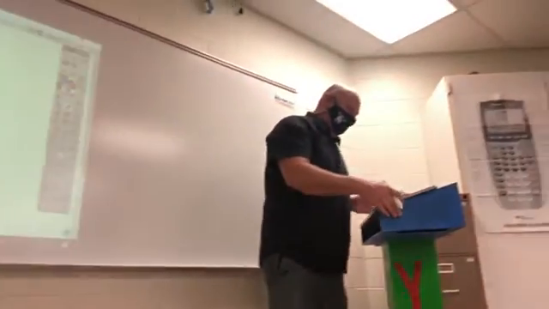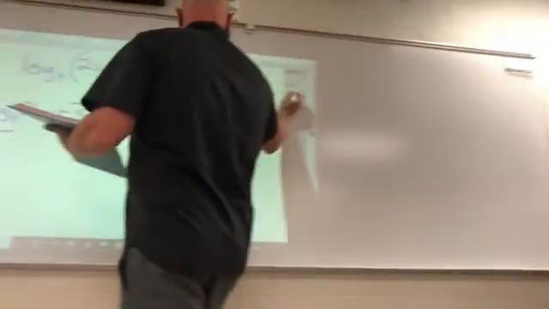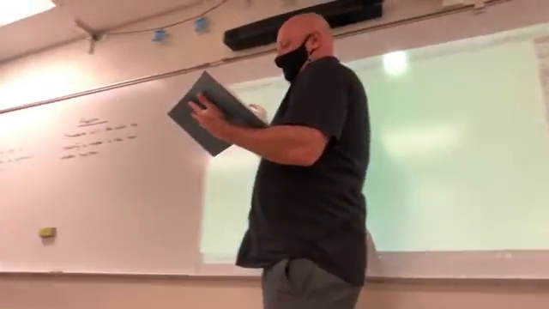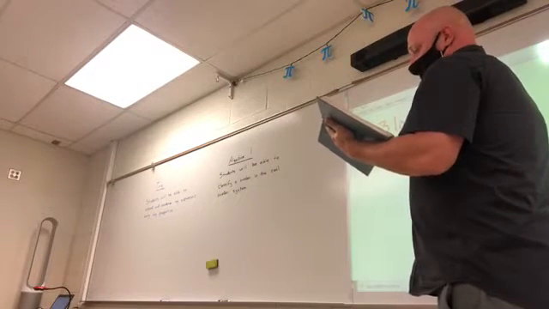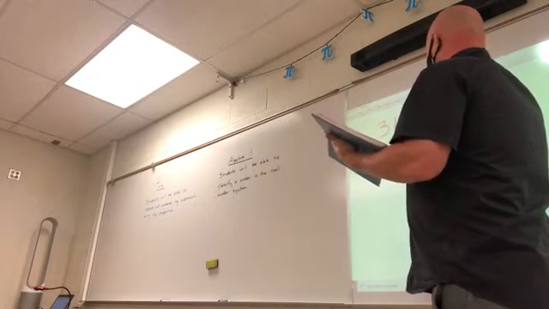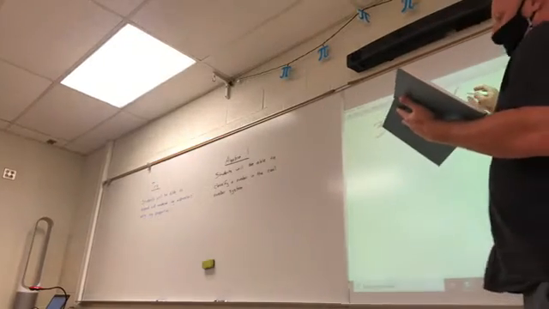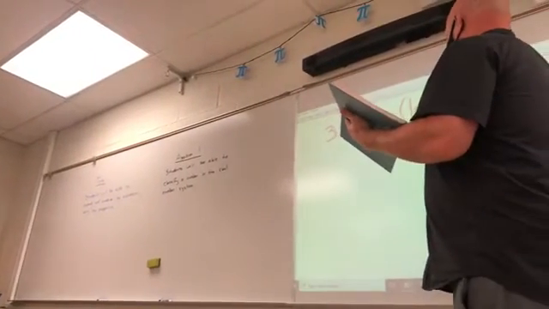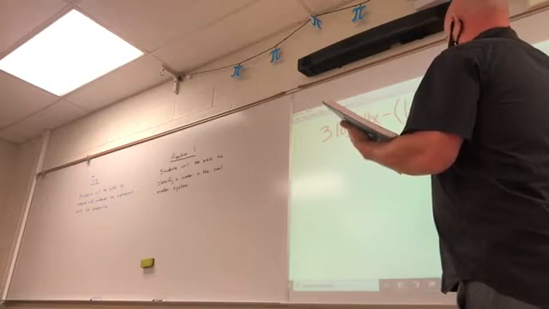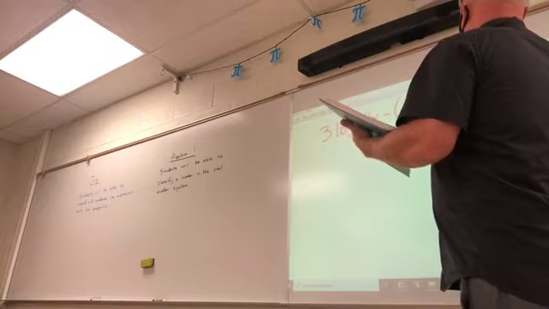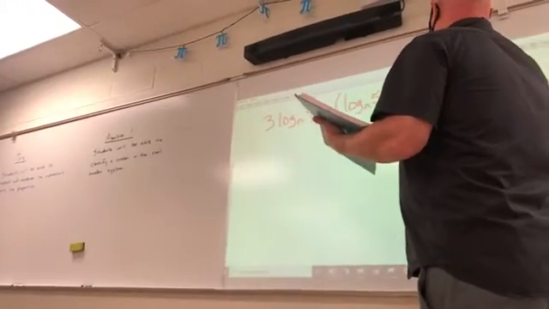But I want you now to go back to number 24. Number 24 says 3 log base n of 4x minus the quantity of log base n of 5y plus log base n of 6z.